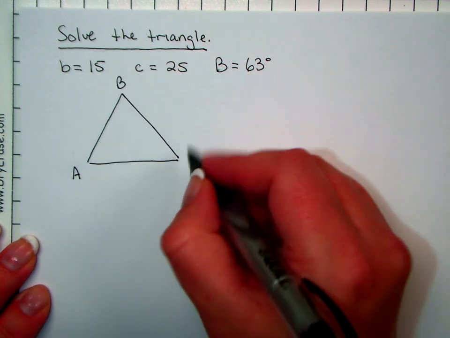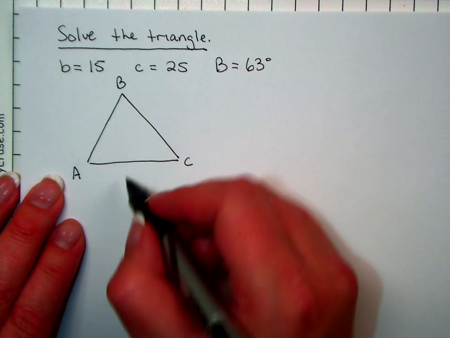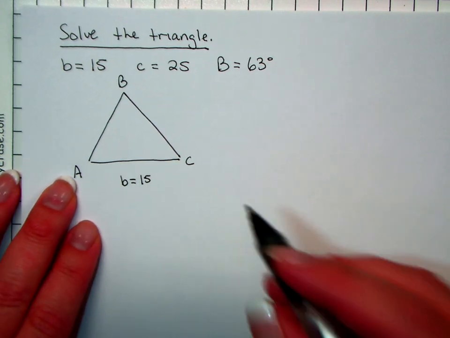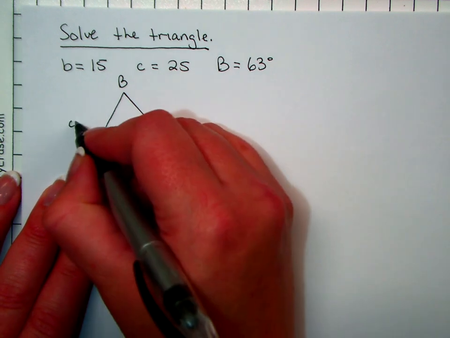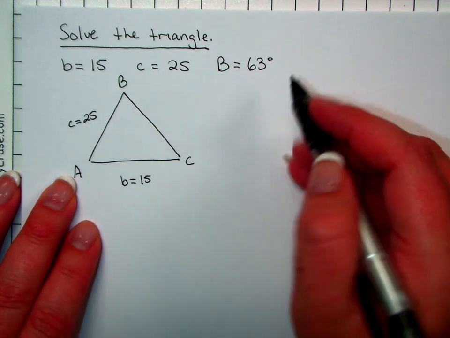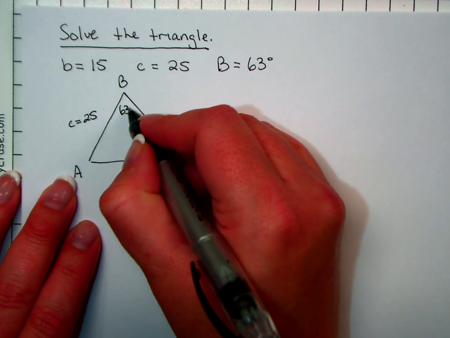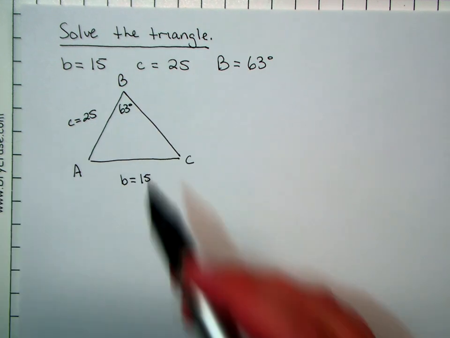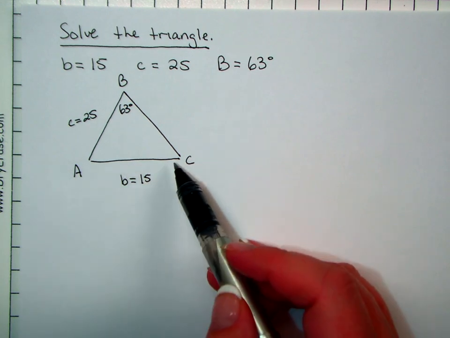A, B, C. All right, so little b is across from angle B, and that's 15. Little c is across from angle C, so that's 25. And angle B is 63 degrees.